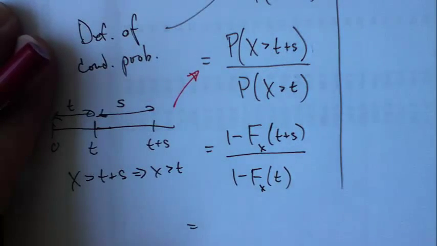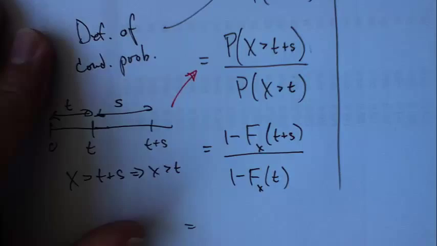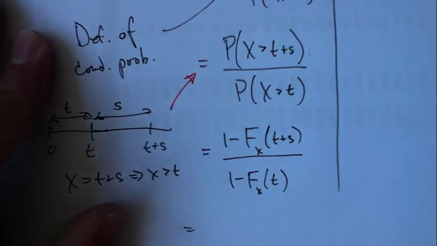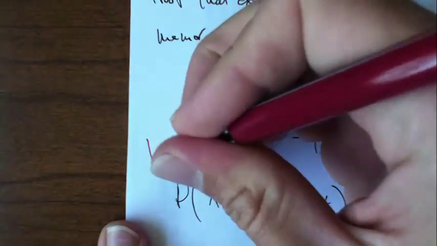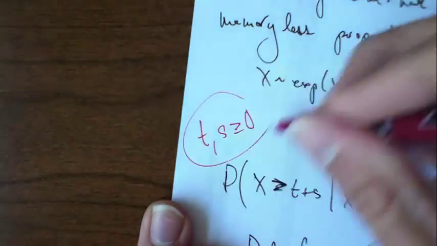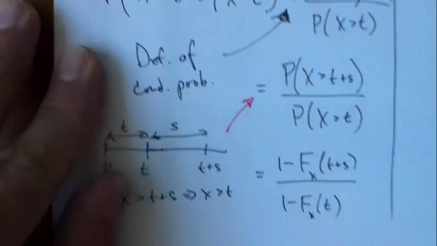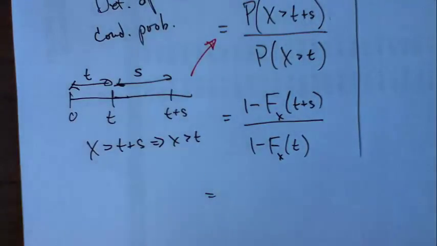This is for t and s at least 0, so I don't have to worry about the indicator function. So what is this?